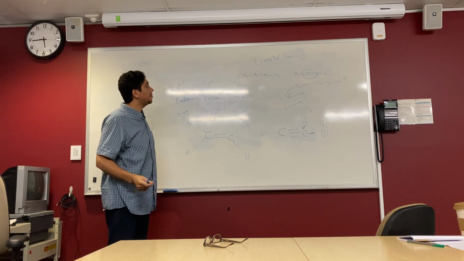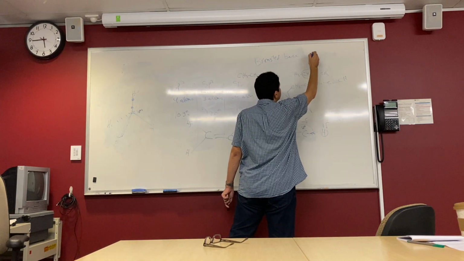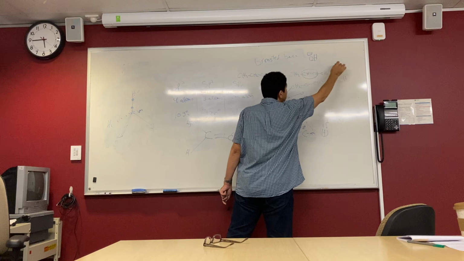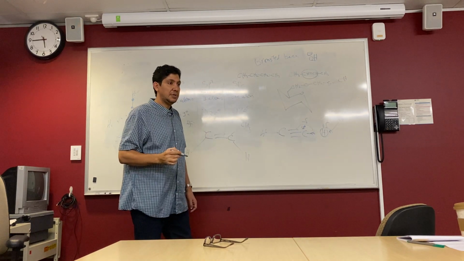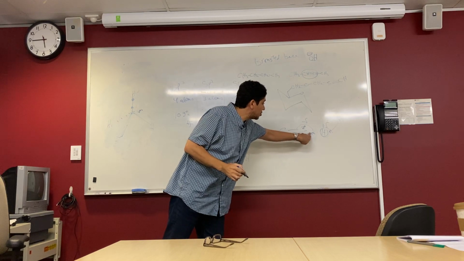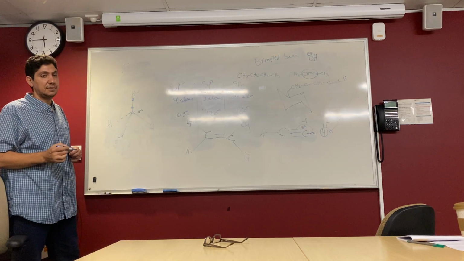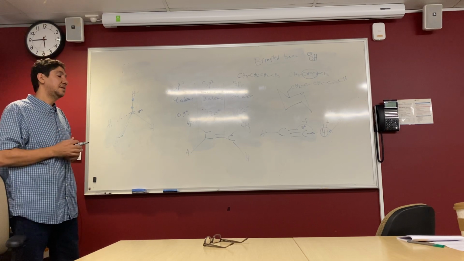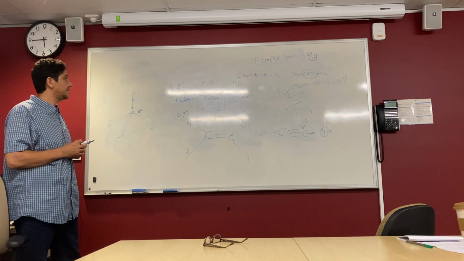Some examples of Bronsted bases: hydroxide, for example, OH negative. So OH negative can take the hydrogen and make water, leaving the two electrons on the carbon making a negative charge. It's called an acetylide. This is the nucleophile coming from this reaction. Okay?